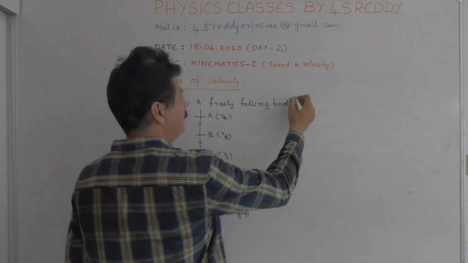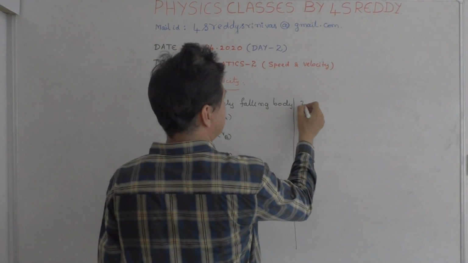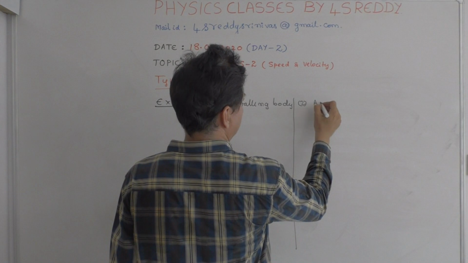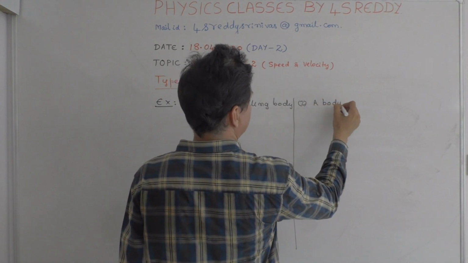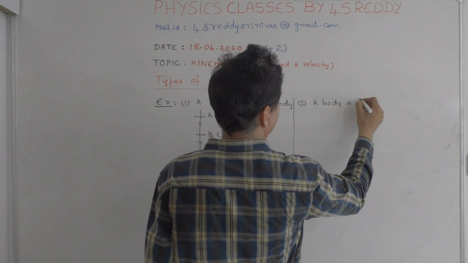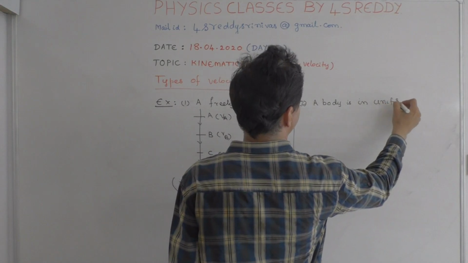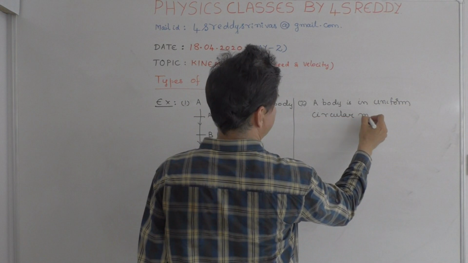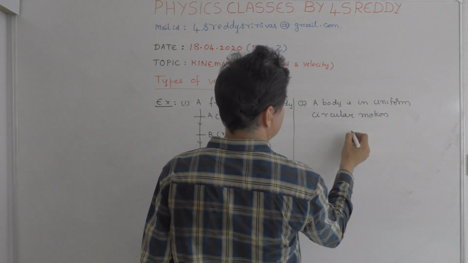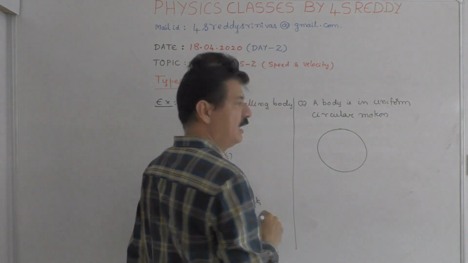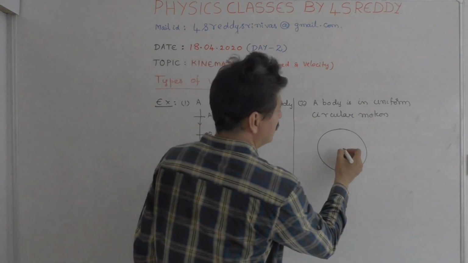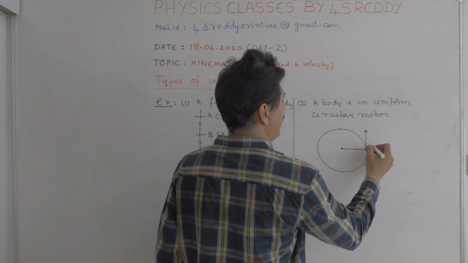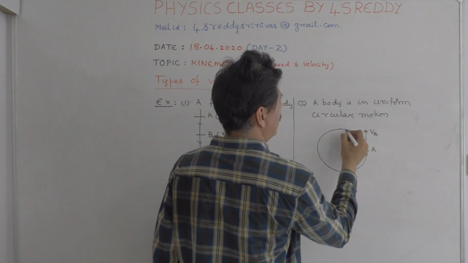Second example, a body in uniform circular motion. Whenever a body is in uniform circular motion, velocity at any point is along the tangent drawn at that point.